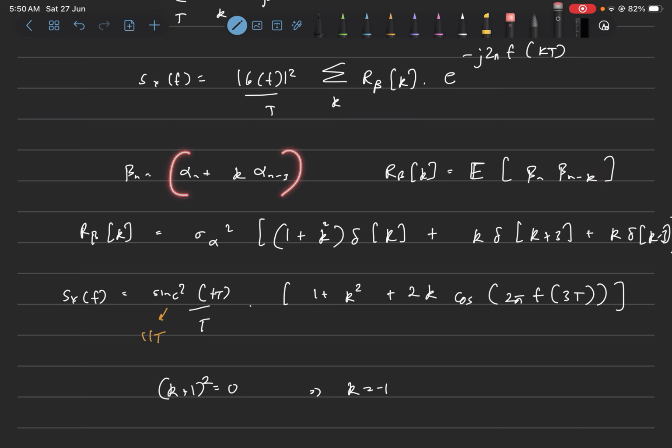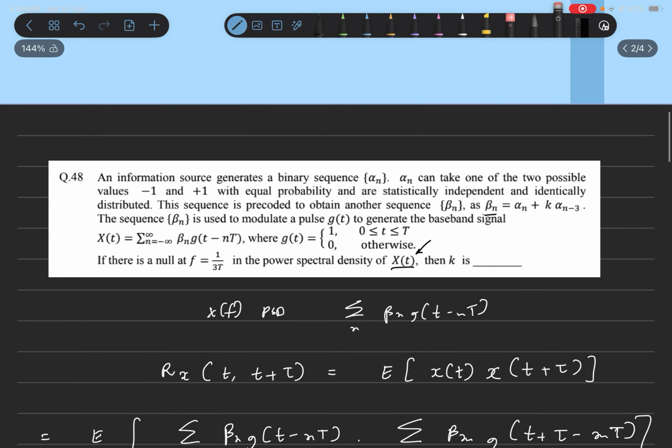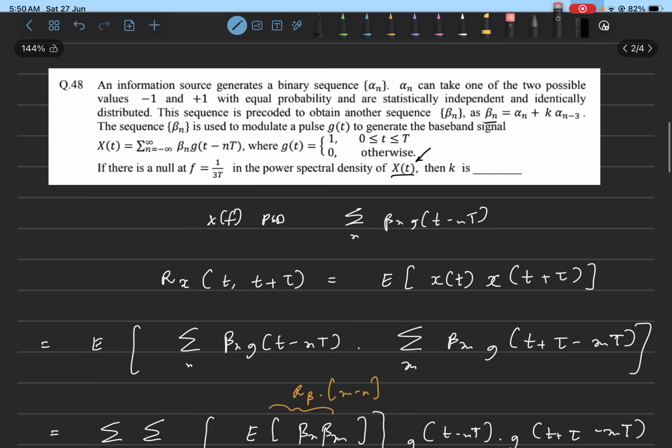So when we use this, we'll have alpha n minus k plus k alpha n minus k minus 3, and when we do the product, alpha n and alpha n minus k will be the expectation of alpha n times alpha n minus k, which will give us a delta at k, because these coefficients are given to be uncorrelated. They are given to be independent and identically distributed, but more importantly they are independent.